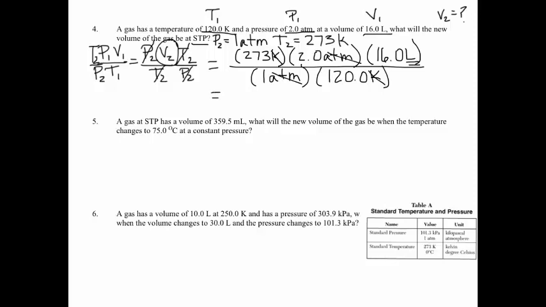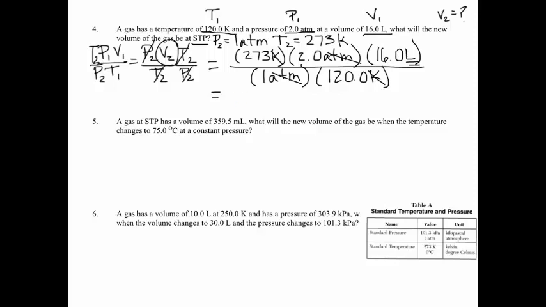And now to do some math. So we're going to, in the numerator, multiply 273 times 2 times 16. And I notice in my denominator here, this is a 1. So I don't really need to divide by 1, but I do need to divide by 120. So even though the number I got in the numerator was 8,736, I don't need to necessarily write that down because I'm only going to do one more operation and divide by 120.